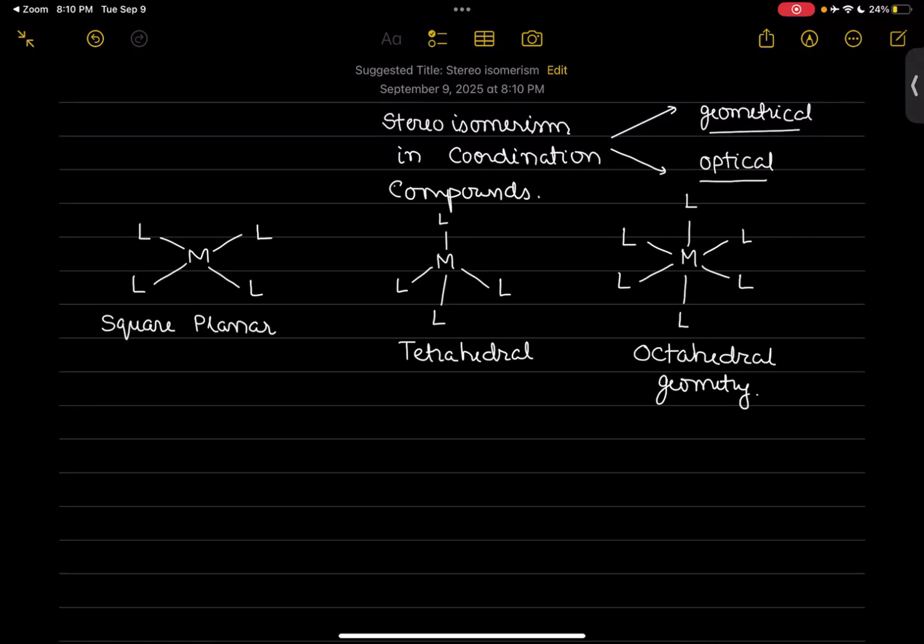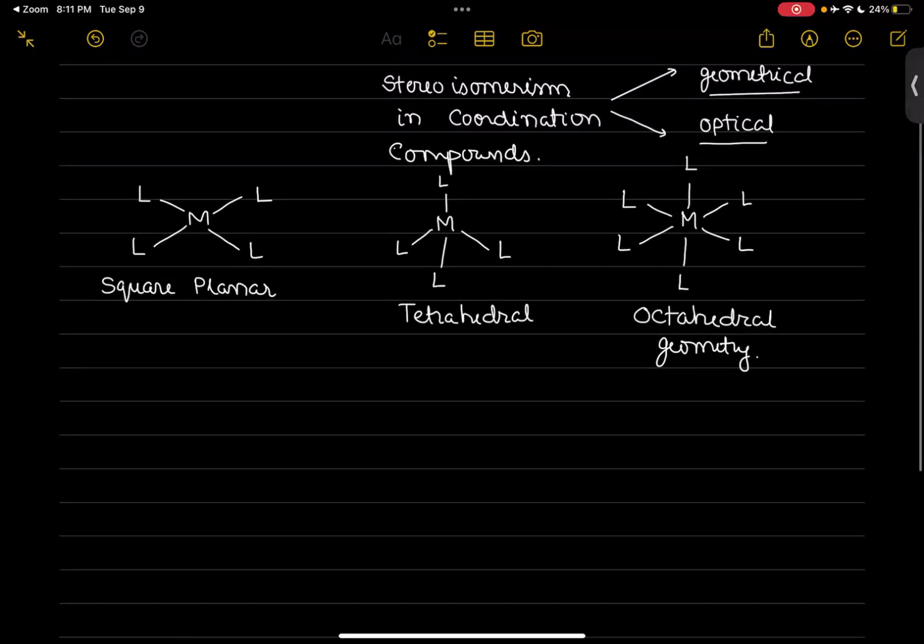So geometrical isomers, how many types of geometrical isomers are there? What do you mean by geometrical isomer, Aisha? Sir, cis and trans. Yeah, cis and trans means if the groups are on the same side of an atom or of a double bond in alkenes. In organic chemistry we look for alkenes, right?